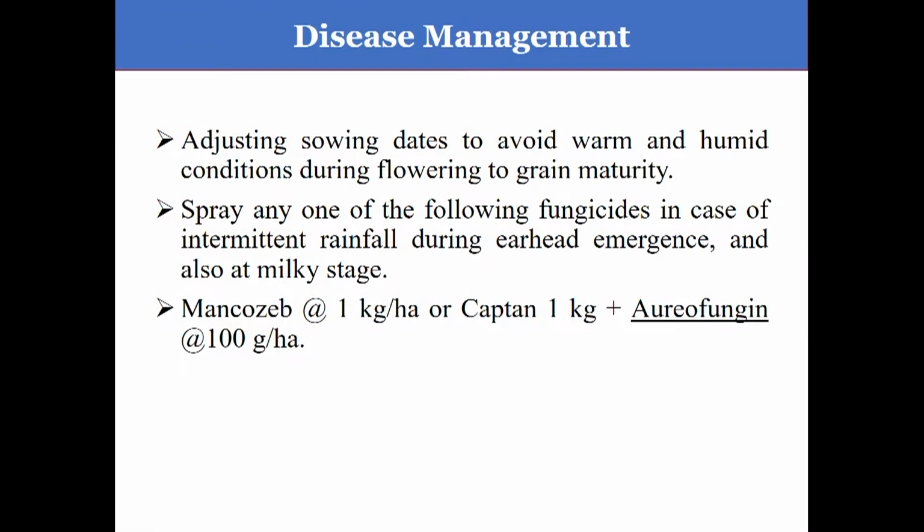In case of intermittent rainfall during ear head emergence and also at the milky stage, spray any one of the following fungicides: mancozeb at the rate of 1 kilogram per hectare, or you can also apply captan at the rate of 1 kilogram along with aureofungin at the rate of 100 gram per hectare. These chemicals are responsible for killing the pathogens and preventing their further spread in the entire field.